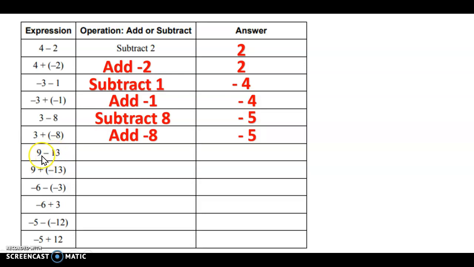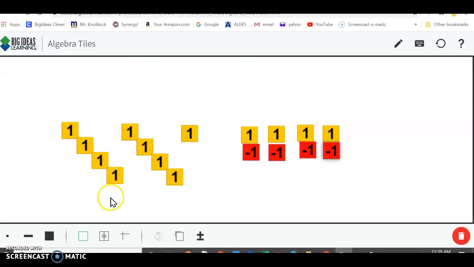So 9 take away 13. So let me go ahead and set that up. So here's 9 positives, and I have to take away 13 positives, so I need to do some 0 pairs. I figured out 9, 10, 11, 12, 13, so that's 4 0 pairs. And then I just take away, and I'm just going to scratch them off, it's quicker.